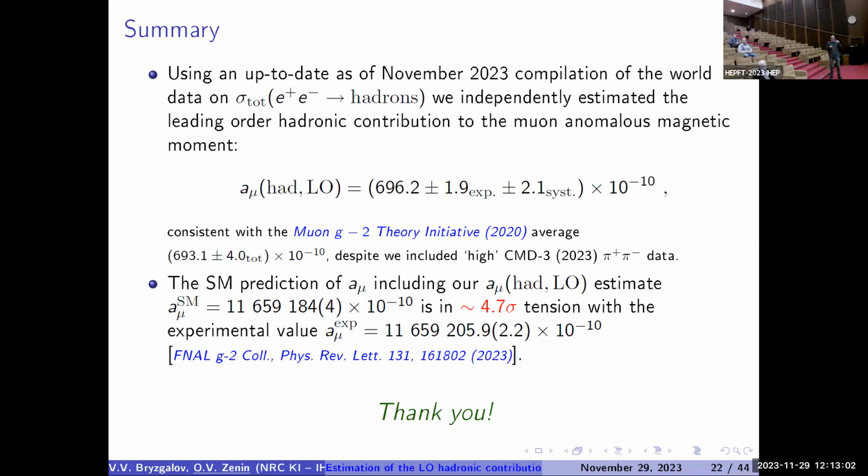If we insert our leading order hadronic contribution into the standard model estimate for g-2 divided by 2, we still get a tension with the experimental value at a level of 5 sigma. So the puzzle remains. Thank you.